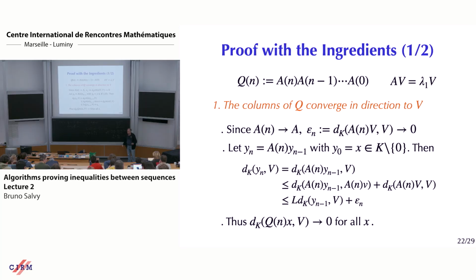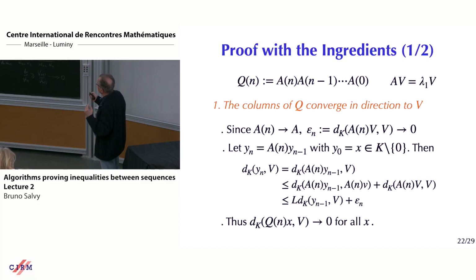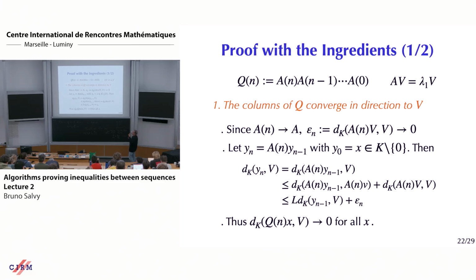That's a first year exercise in analysis, maybe. What would you say? And thus, for any x in the cone, this sequence tends to 0. But what we saw is that this matrix has a proper cone that's contracted.